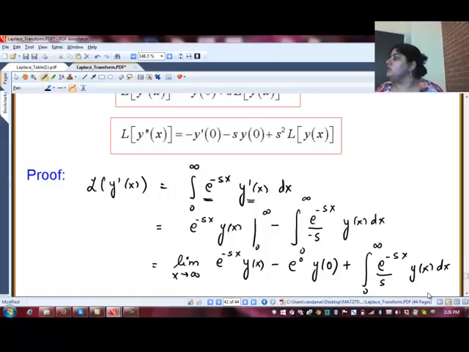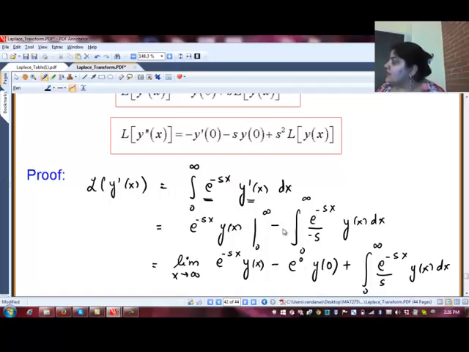So what I did here: upper limit infinity, I am taking the limit as x approaches infinity, and for the lower limit, y is a function of x, it's a computation of y at 0, e to the 0 is just 1.